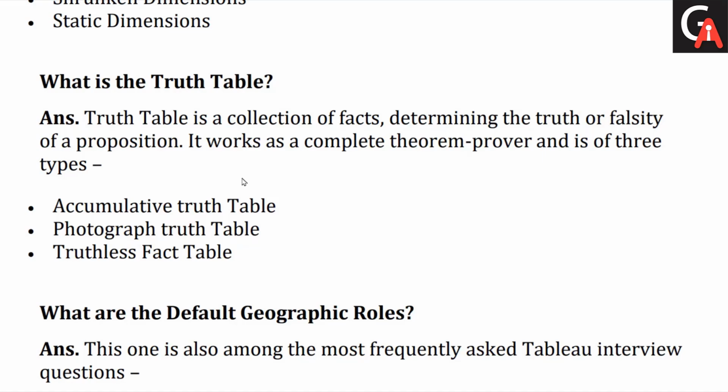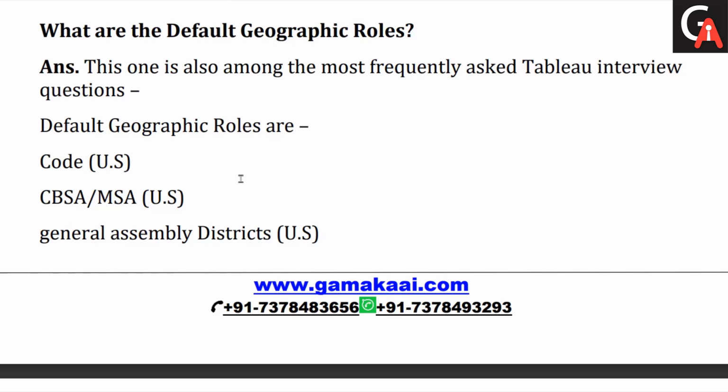Clear? Next question we have: what are the default geographical roles? This is among the most frequently asked Tableau interview questions. The default geographical roles are CBSA, MSA US code, and Congressional District US code.